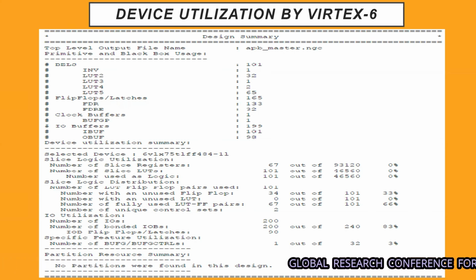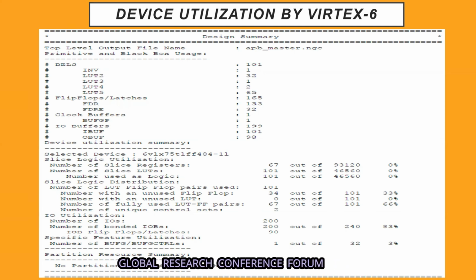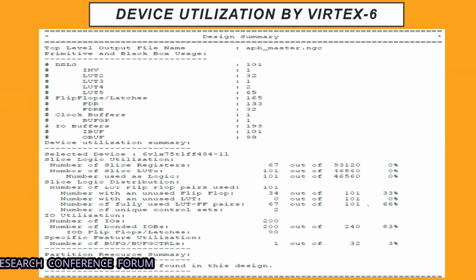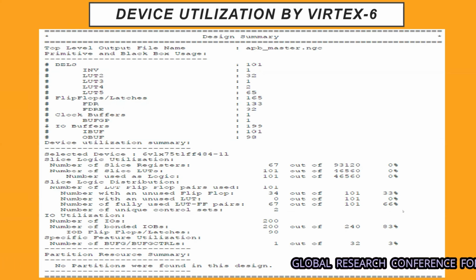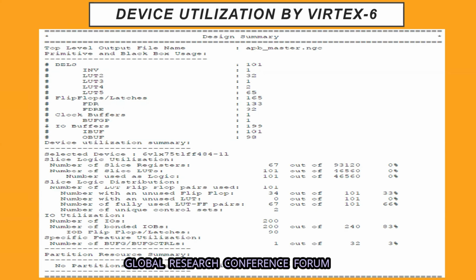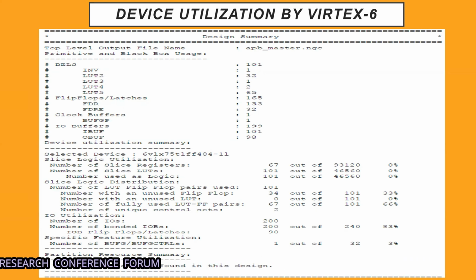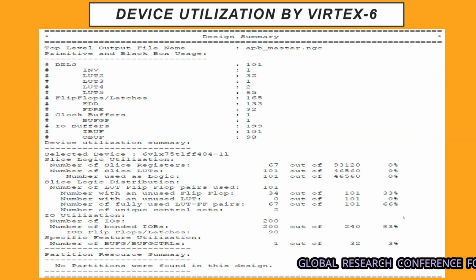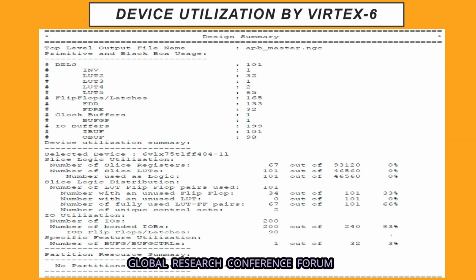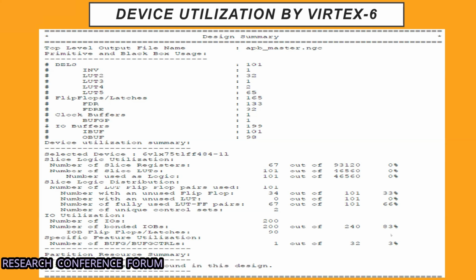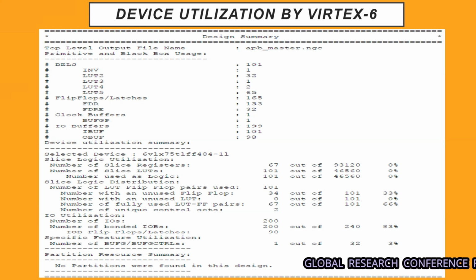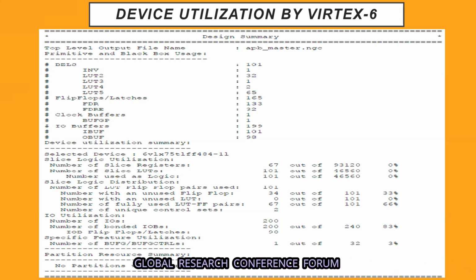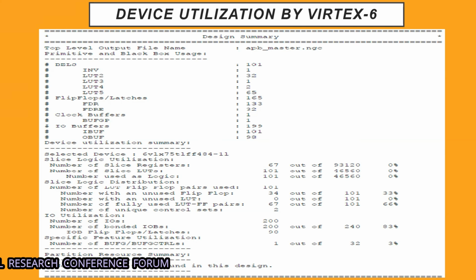But otherwise, the number of resources like LUTs, flip-flops, buffers, and muxes we are using is very small compared to what is present on the FPGA. So our device utilization and area are low. We were able to optimize our area by 4% in 2 to 3 stages of design.